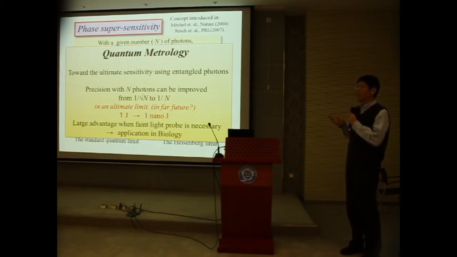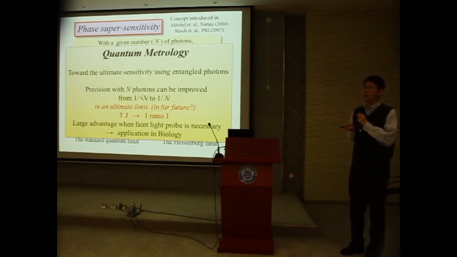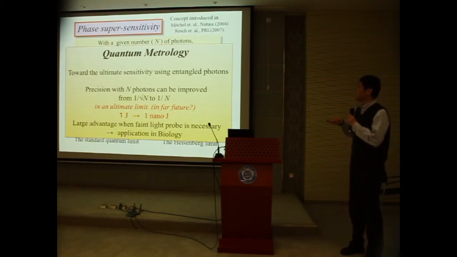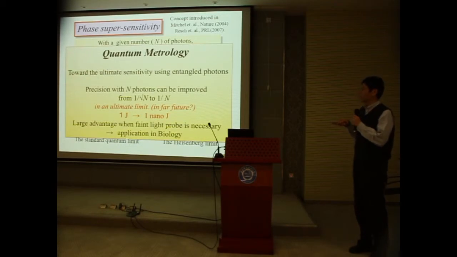Even when we have just entangled states with 10 photons, as I will show you later, the sensitivity can be enhanced by a factor of 3 or even more. So this sort of advantage could be maybe useful when a faint light probe is necessary. So we are interested in the application of this sort of technology in biology.